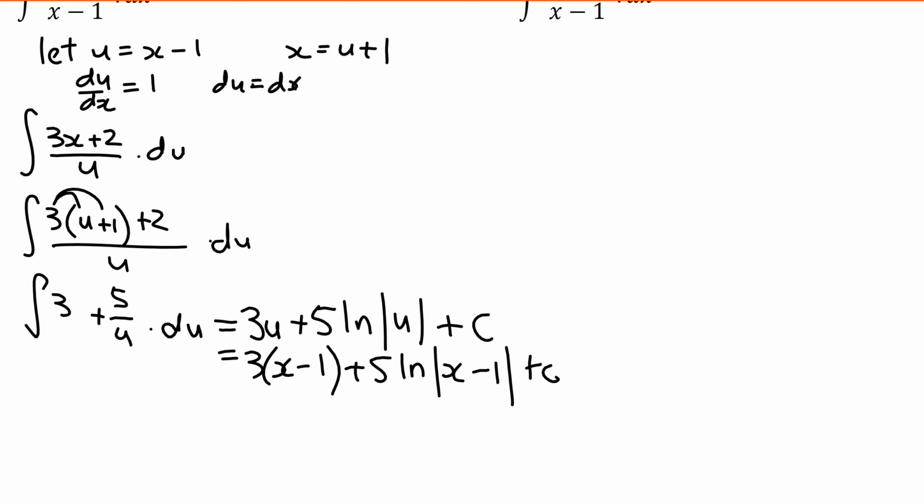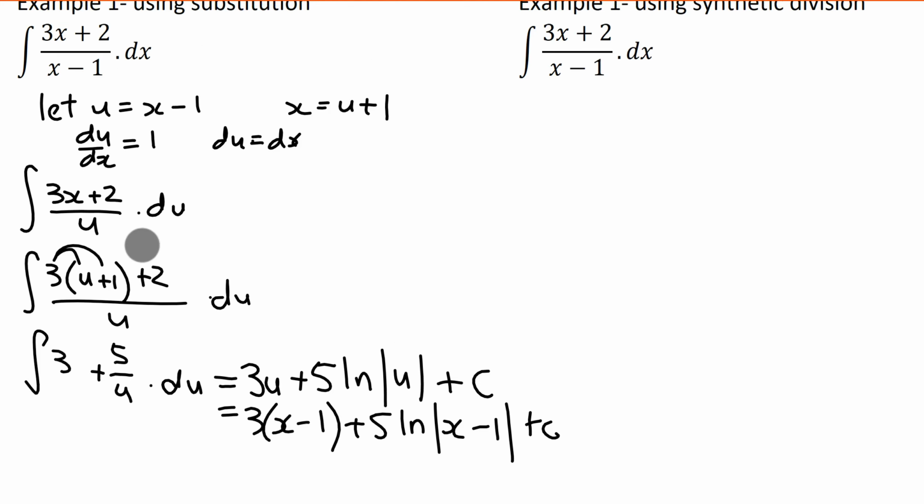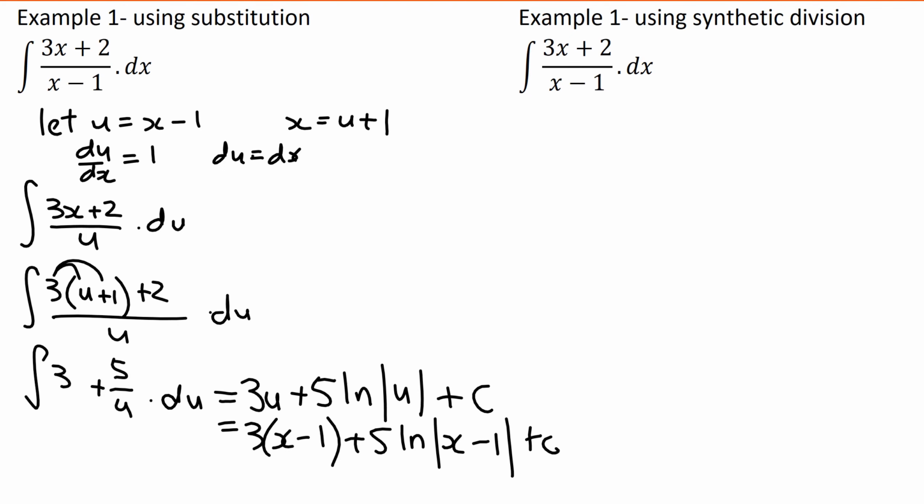Okay, the other way of doing that particular equation is to actually go, okay, let's not do the substitution method. Let's try synthetic division. What's synthetic division here? Long division? Yeah, thanks, Mr. Tommy. 3x plus 2 divided by x minus 1.